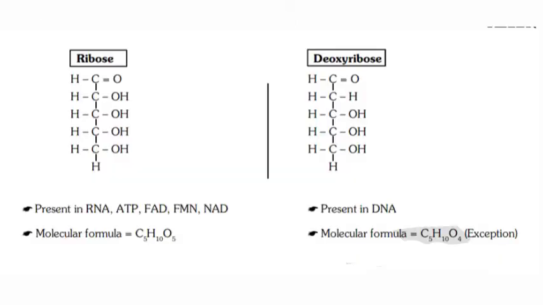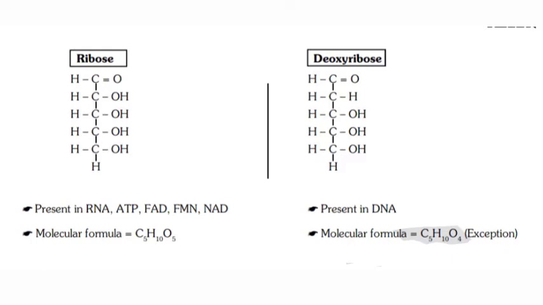Let's check the diagrammatic representation of ribose and deoxyribose. Ribose is present in RNA, ATP, FAD, FMN, NAD. Molecular formula is C5H10O5. Deoxyribose is present in DNA.